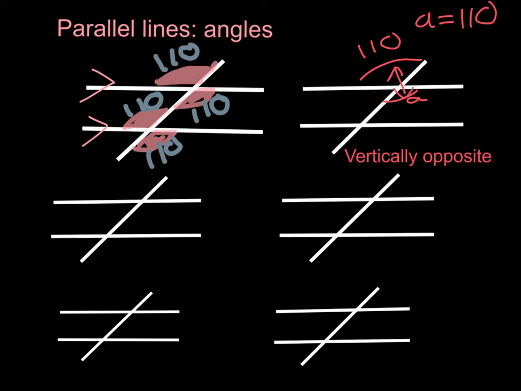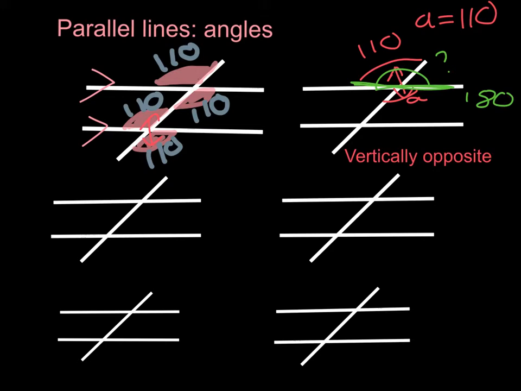Now, they are not the only two that are vertically opposite each other. You can see from the other picture that they were vertically opposite each other down the bottom as well. But there are also other angles which rely on other angle facts that are also vertically opposite. So from previous videos, we should know angles on a straight line add up to 180 degrees. Therefore, I can work out this missing angle there.